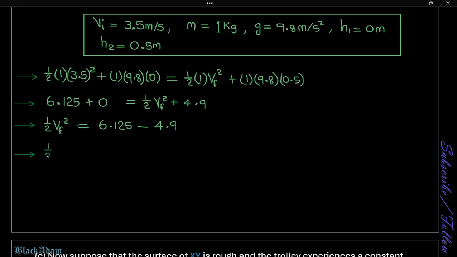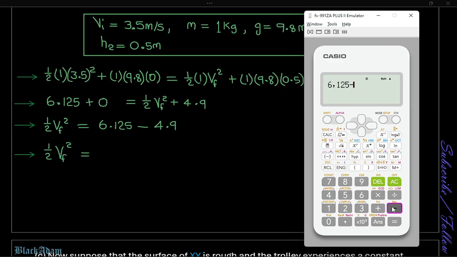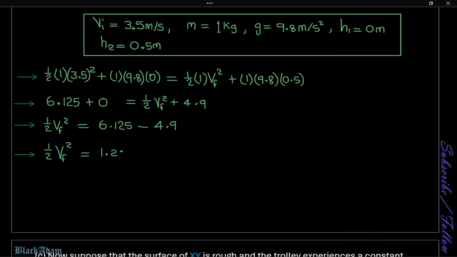Simplifying further, half v final squared is 6.125 minus 4.9, giving us 1.225 from our calculator. Then multiply both sides by 2 to cancel out. That will give us v final squared.